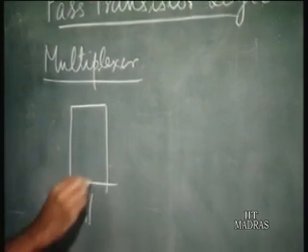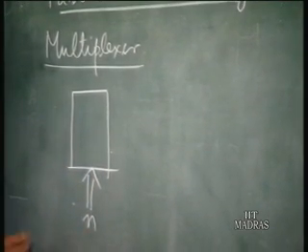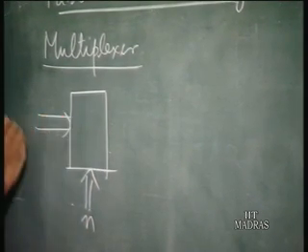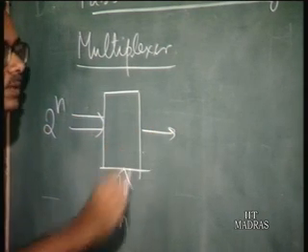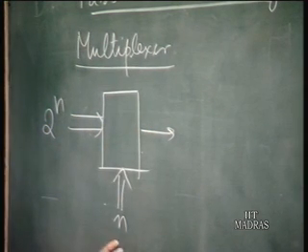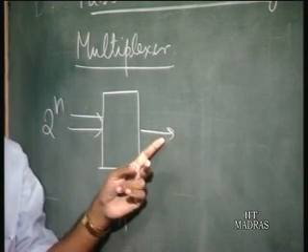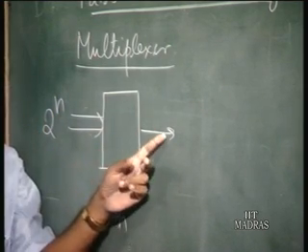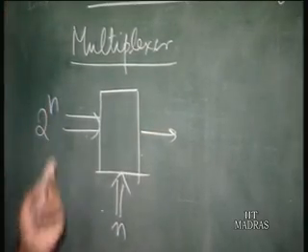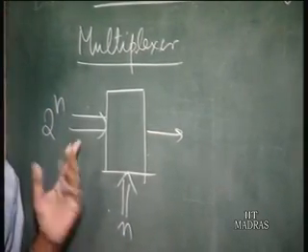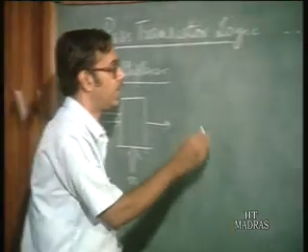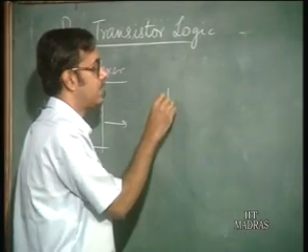Depending on the combination of the control inputs, one of the inputs is connected to the output. You get the value corresponding to one of these inputs. So that is a multiplexer. So how do you realize it? Using pass transistors. It is very simple.